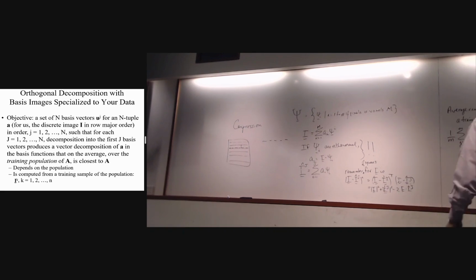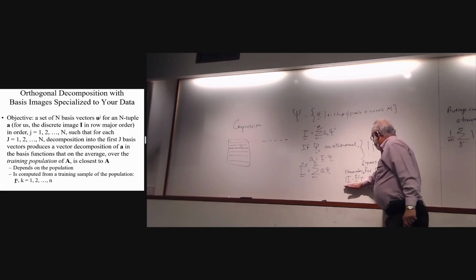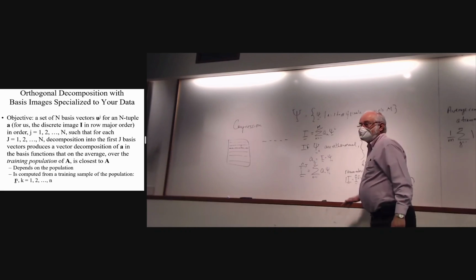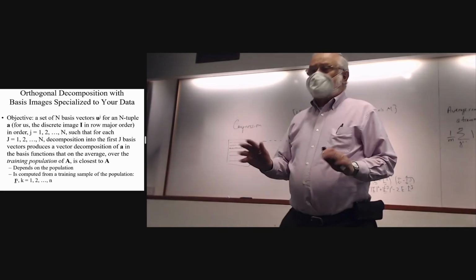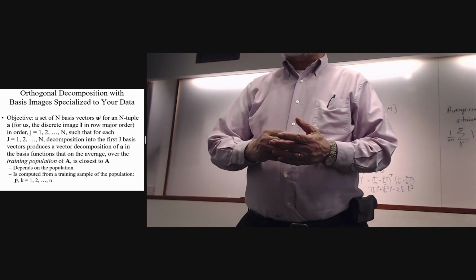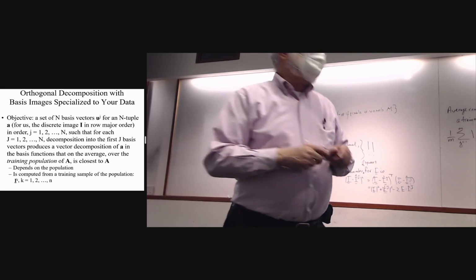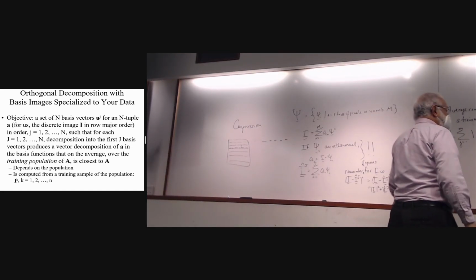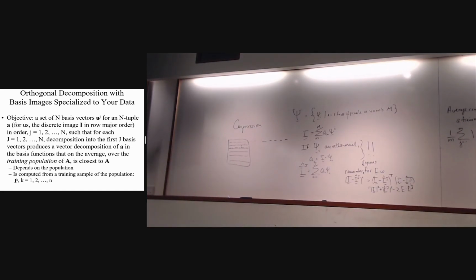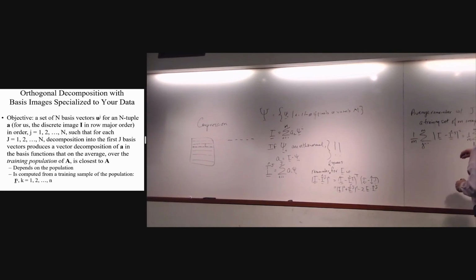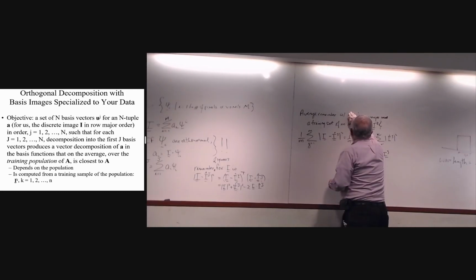Now, what we're trying to do is to have this thing be as small as possible over all possible choices of basis images. Well, not overall. Let's have a set of training images, as I intimated earlier.